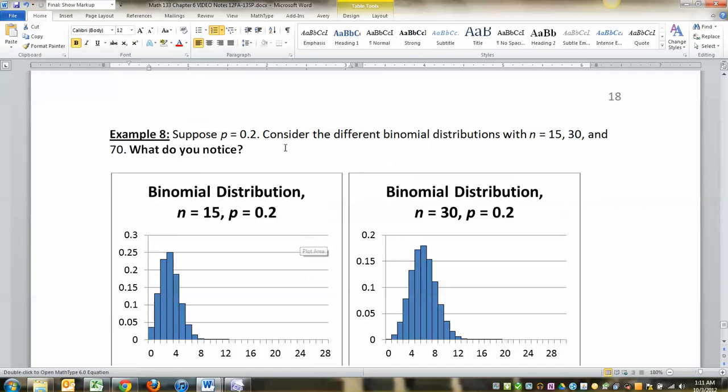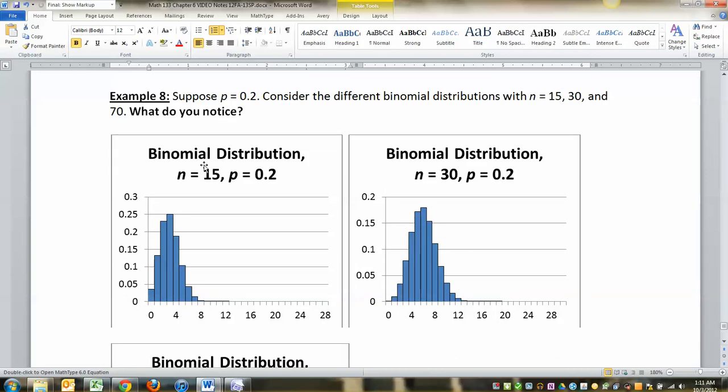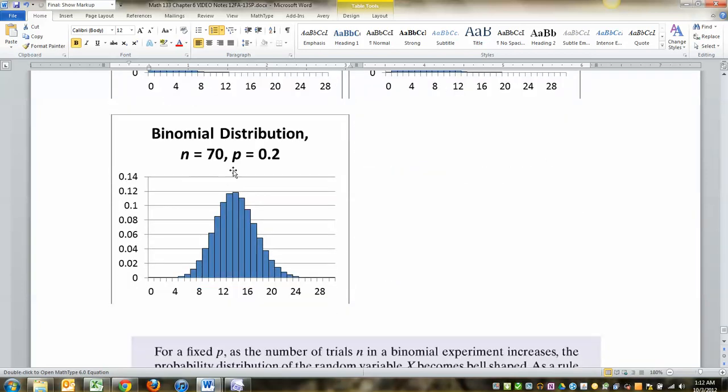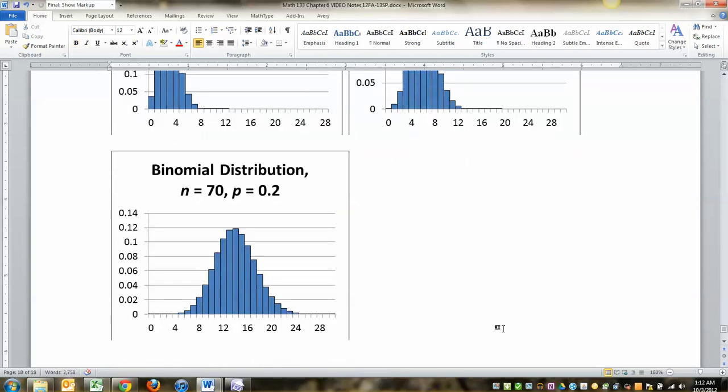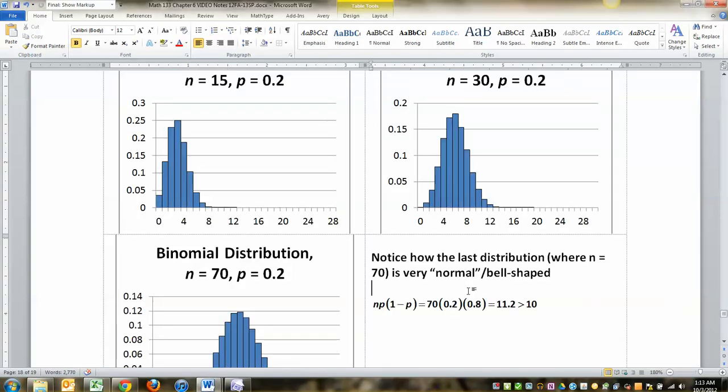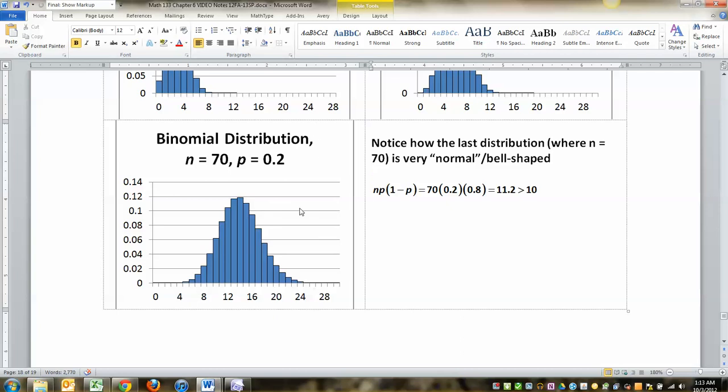So I drew that one with 3 different n values, right? I drew one with n is 15, n is 30, and n is 70. So here's 15, here's 30, and here's 70. Look at that. What do you notice? Poof. Look at this last one.